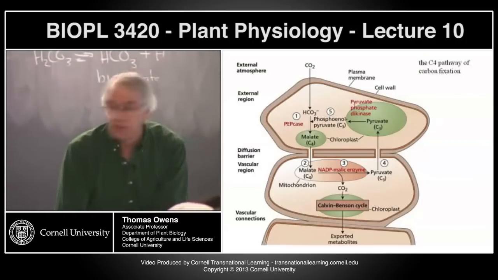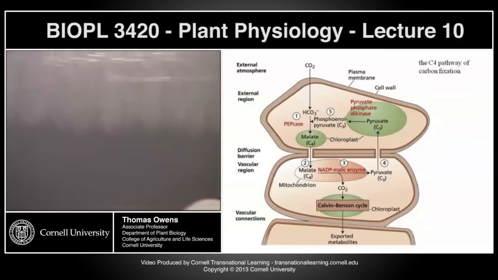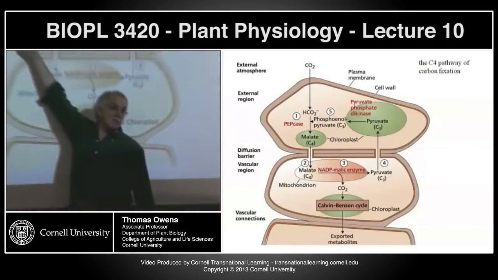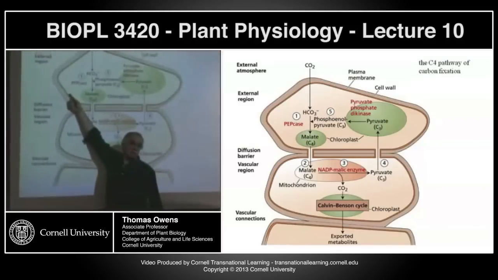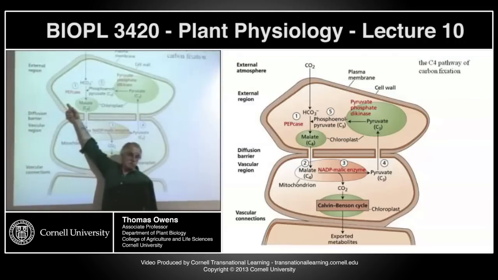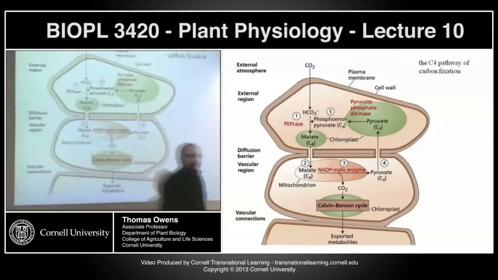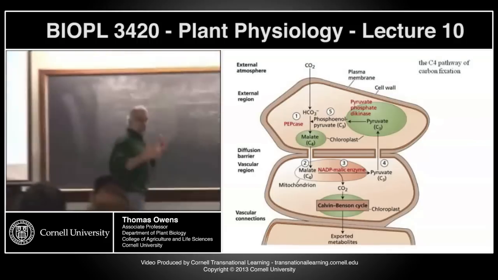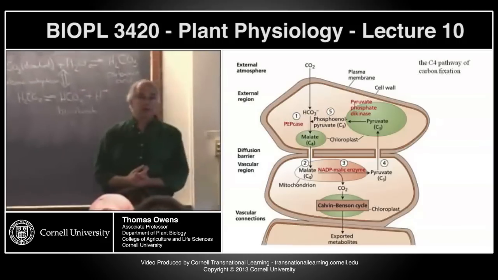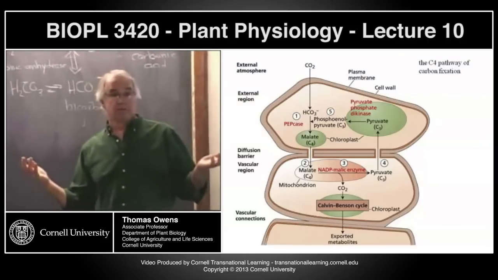One of the things we didn't talk about that's important: this enzyme, PEP carboxylase, did this evolve with C4 plants? You don't know the answer to this. No. We'll see when we talk about respiration that PEP carboxylase is a key enzyme in carbon metabolism associated with the citric acid cycle.